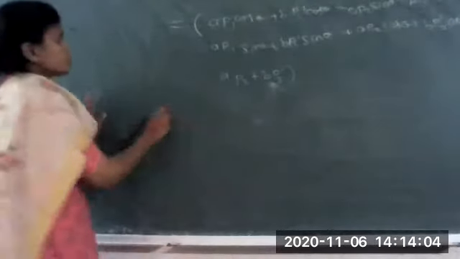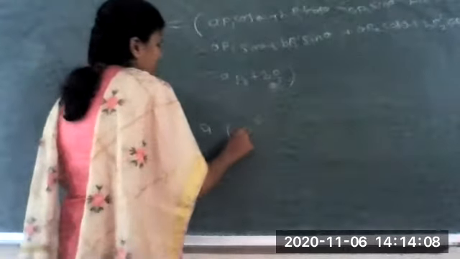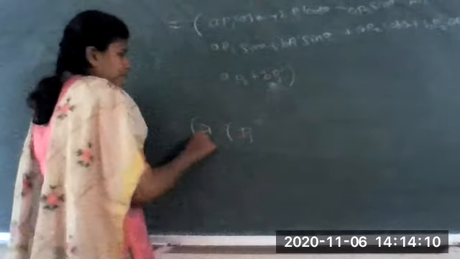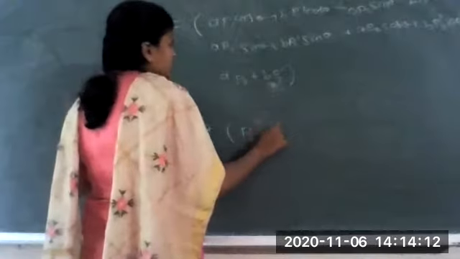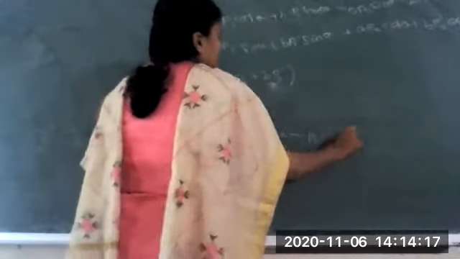Now we'll collect the terms which have a, so that we can write a into Cp plus b into Cp dash. So we are collecting the terms with a. Here it is P1 cos theta minus P2 sin theta. Correct.